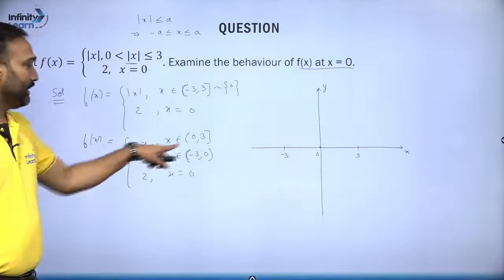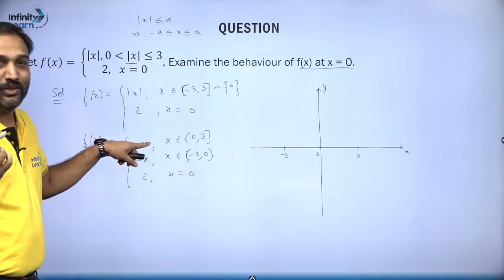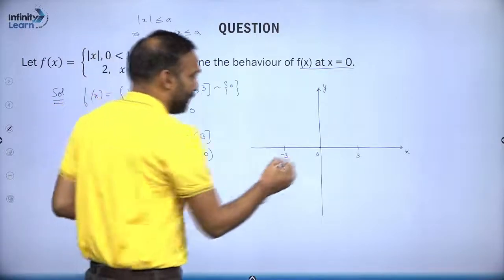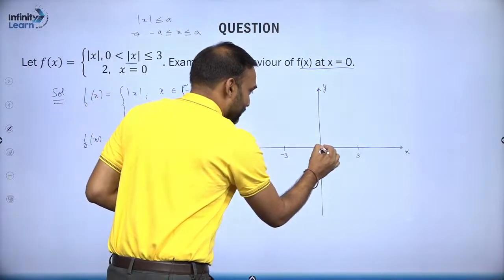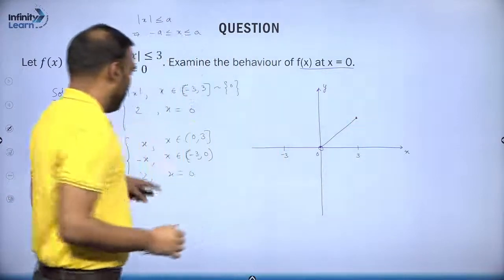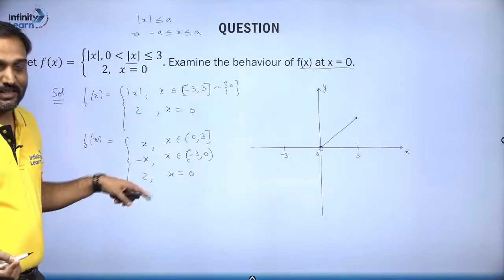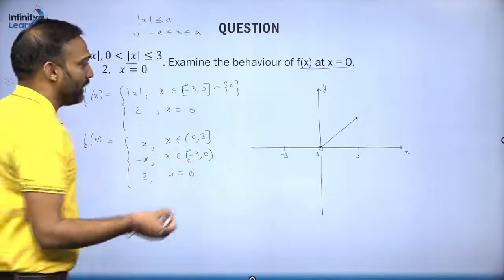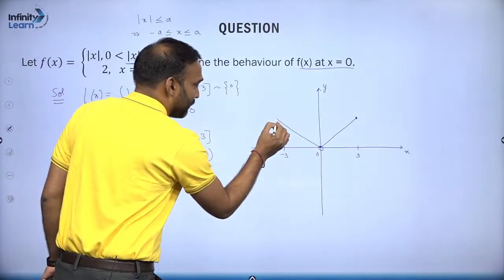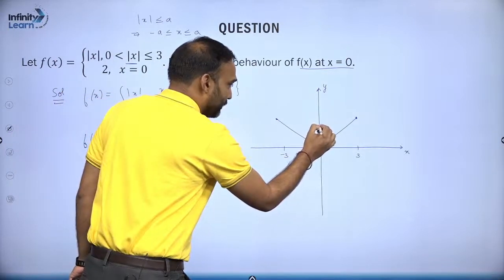For 0 to 3 your graph is y is equal to x, which is a line passing through the origin at an inclination of 45 degrees. But at 0 I have an open bracket, so I have an open circle and this would be like this. For x belongs to minus 3 to 0, I have a line which is y is equal to minus x, a line dividing the second quadrant in two parts. So, this would be a mirror image. And at x is equal to 0, the function is at 2.